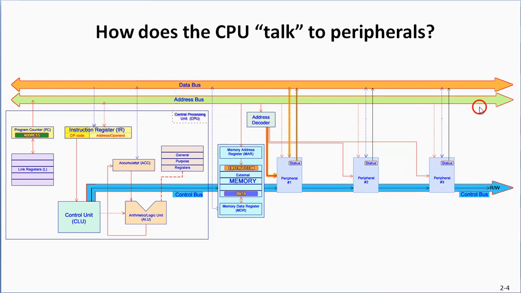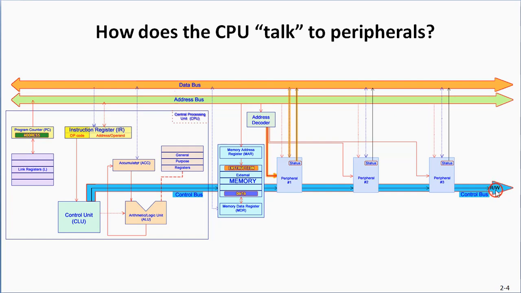Over here you have the buses, the data bus and the address bus that facilitate the communication between the CPU and peripherals. And here, shown in blue, is the control bus, which is all the control signals that are exchanged between CPU and memory or peripherals.